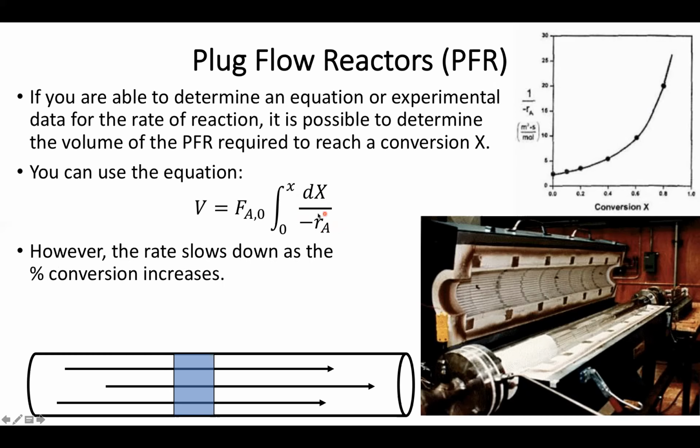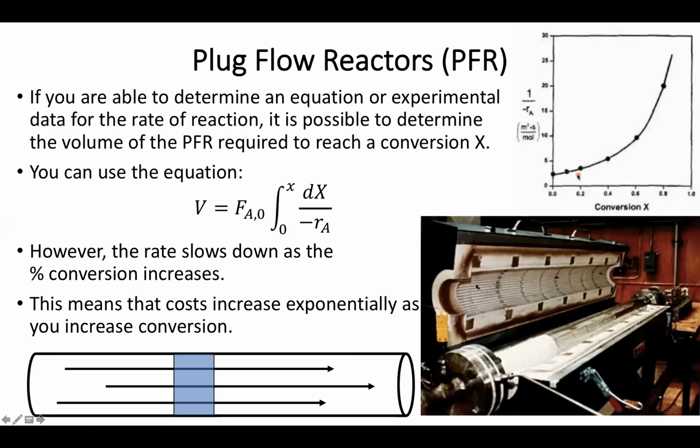If you have a function of R, what you're going to end up finding is that the rate's going to slow down as the percentage of conversion increases. So if you want a higher percent conversion, you're going to need a much larger volume. And in fact, as you can kind of see here at the top, we're actually really unfortunate, as it means that the volume is generally going to increase exponentially as a function of conversion percentage.